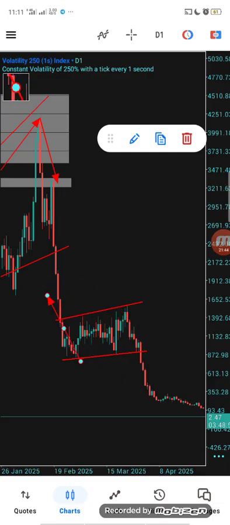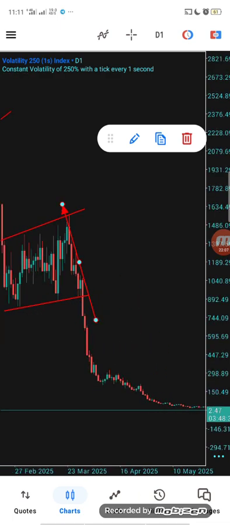Being that there is an imbalance, meaning there are orders left around this region, even without that supply and demand zone, this imbalance acts as a supply and demand zone. It acts like that, and it also works. I'll teach the fair value gap in my next video.